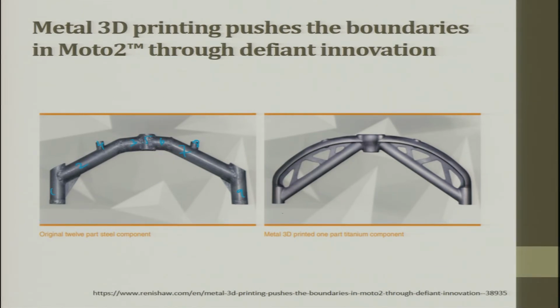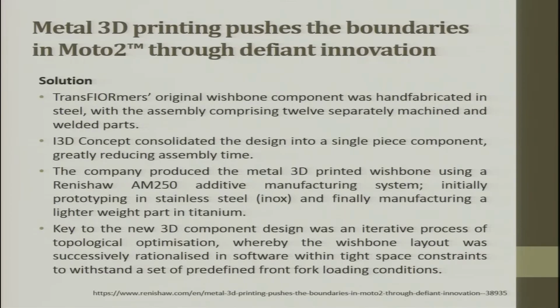Now, you see the entire thing is done by 3D printing as one part, and this has more strength, less weight, or I would say stiffness, and this gives better control over the objectives we want. Originally, the wishbone component was hand fabricated in steel, with the assembly comprising 12 separate machined and welded parts. Now it is made of a single part.